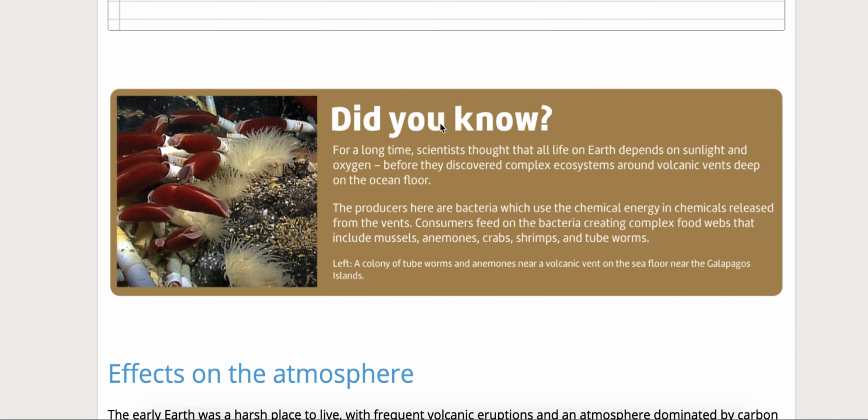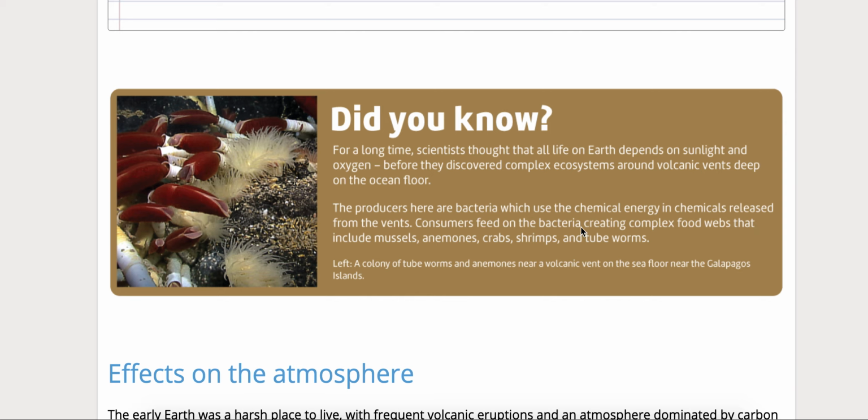Now, did you know? For a long time, scientists thought that all life on Earth depends on sunlight and oxygen, before they discovered complex ecosystems around volcanic vents deep in the ocean floor. The producers here are bacteria, which use the chemical energy in chemicals released from the vents.